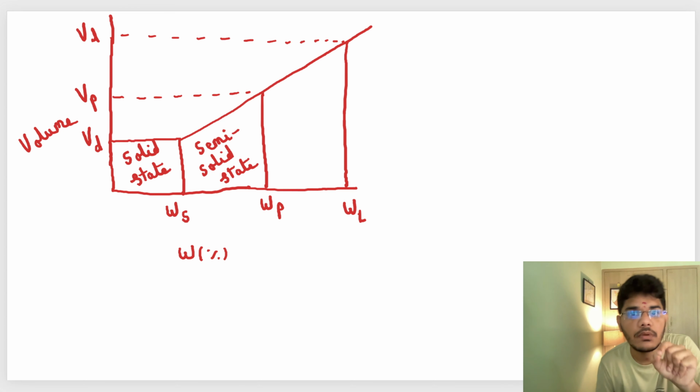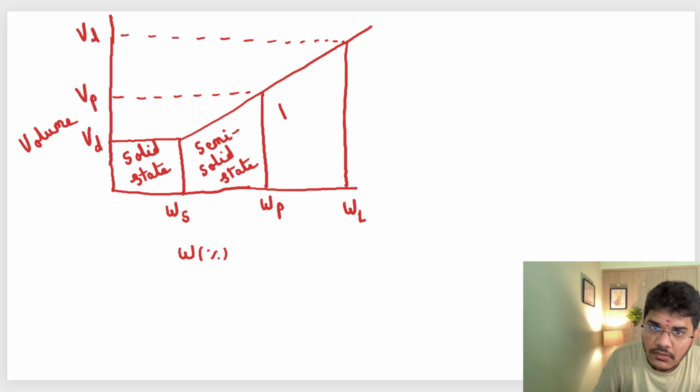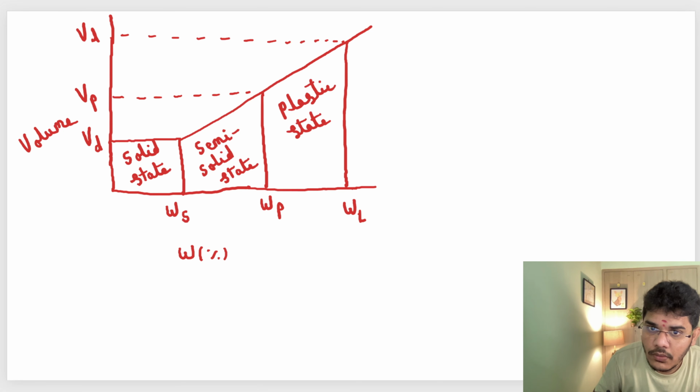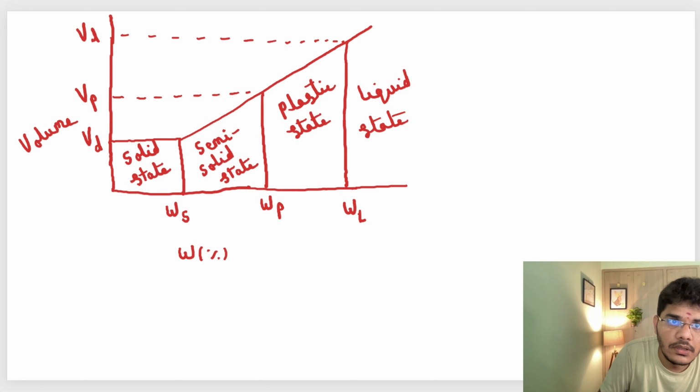If the water content is between plastic limit and liquid limit, then the soil is said to be in plastic state. If the water content is more than the liquid limit, then the soil is in liquid state. So based on the given data, now we can identify easily.